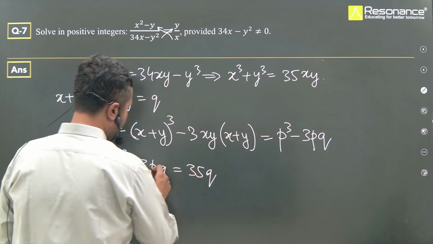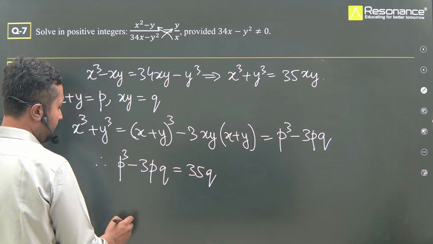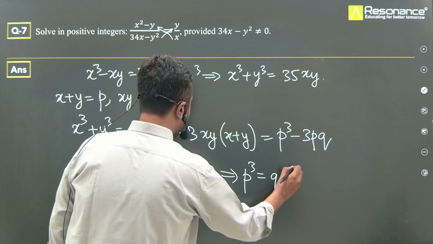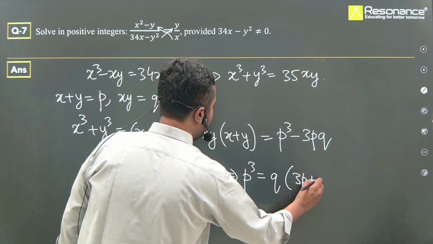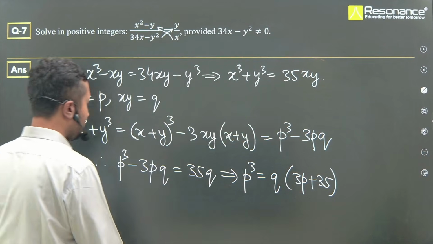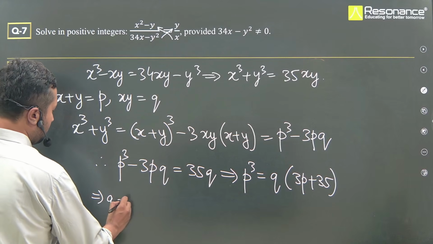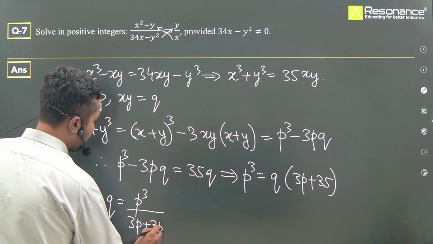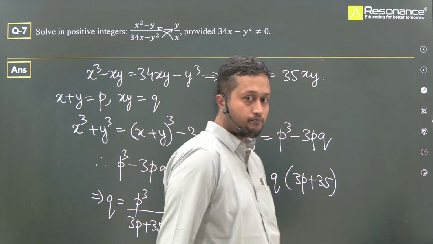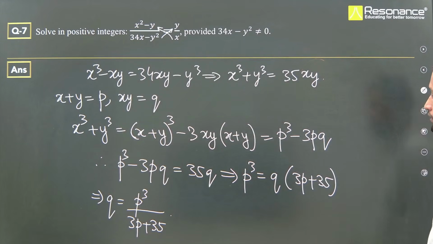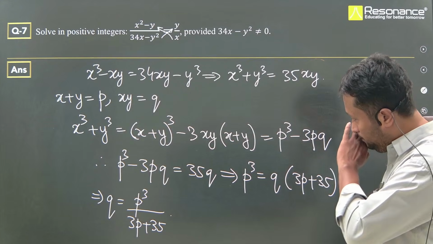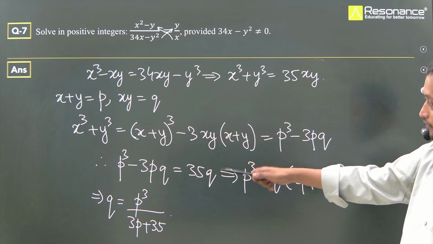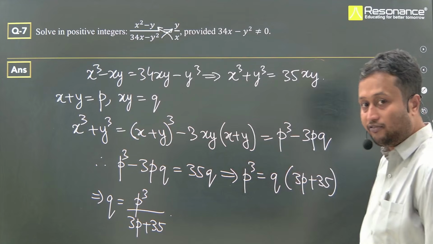Okay, so you can take the 3pq to the other side, and that will give you p cube. You can take q common, and then 3p plus 35. So what's the value of q? P cube divided by 3p plus 35. I hope that's clear. I haven't done much, but the value of q can exactly be figured out in terms of p.